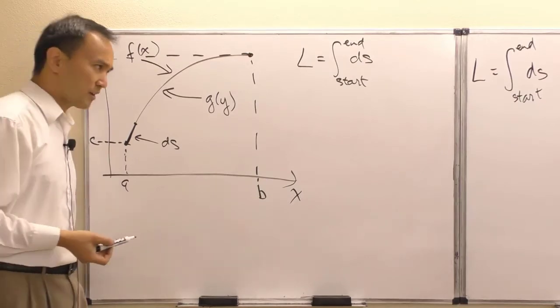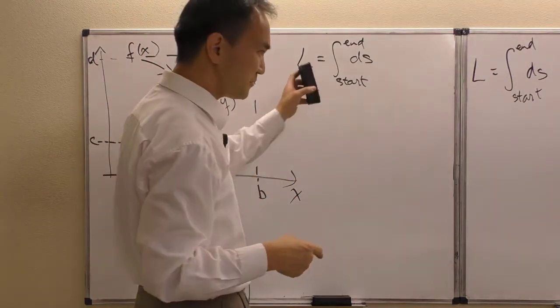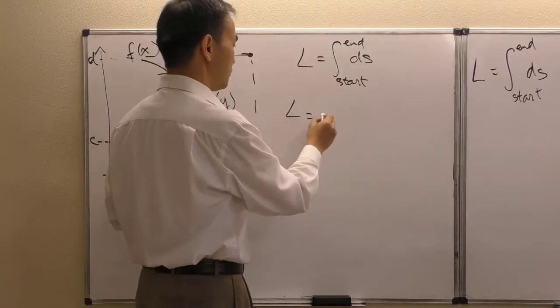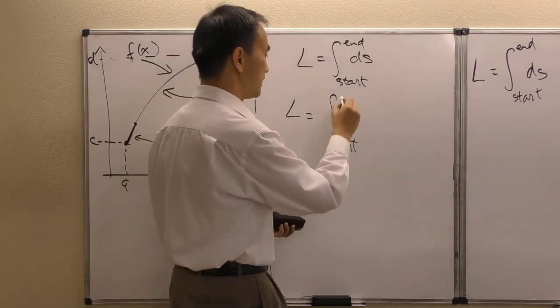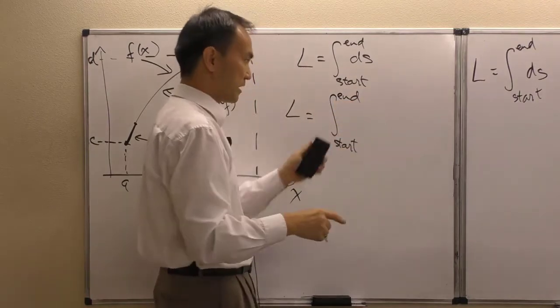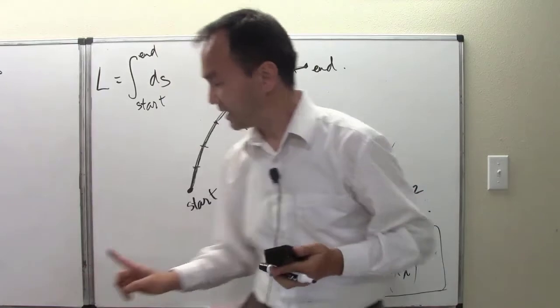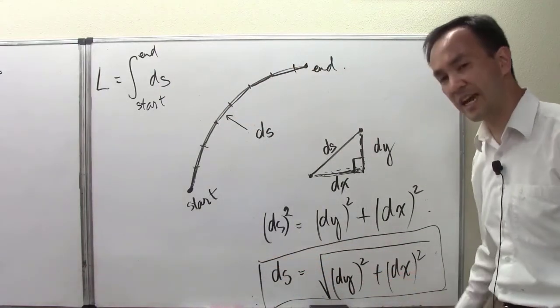Okay, so because of that, with this accumulation right here, clearly speaking, it equals the accumulation from start to end. Allow me not to rush into writing down the start and end yet, but each ds, according to what I have derived on the other board, is the square root of dy square plus dx square.